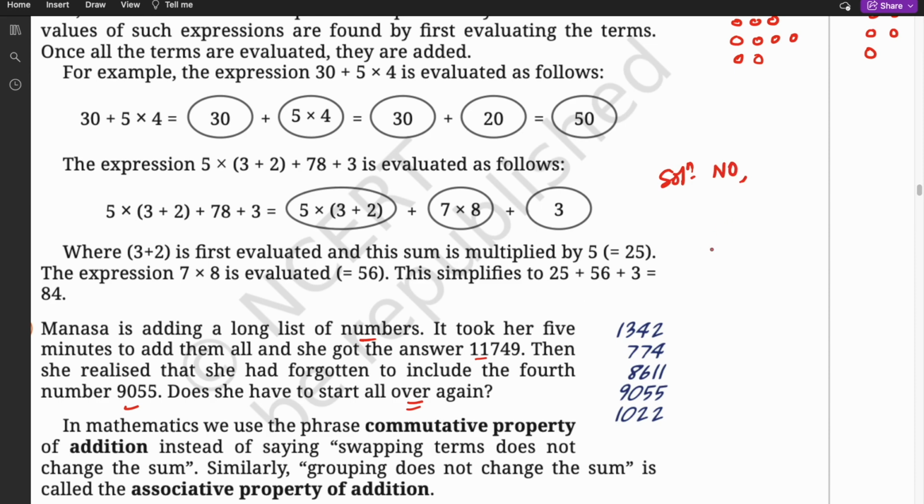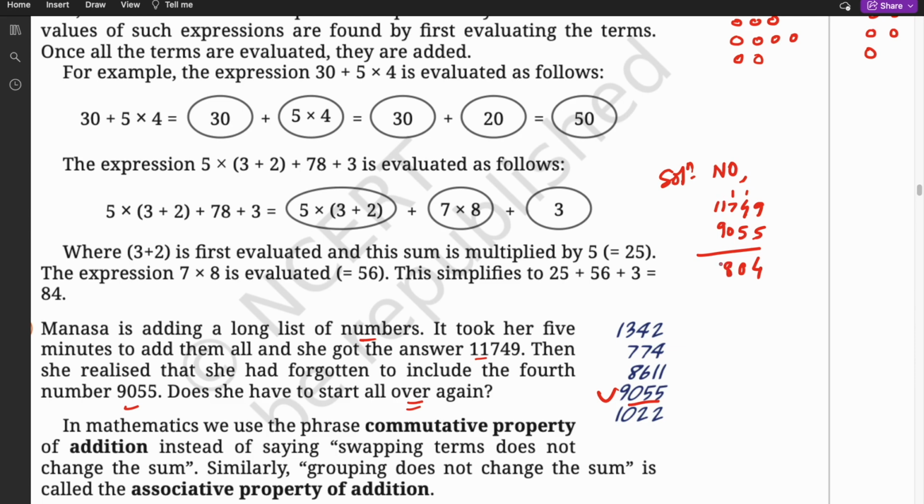Now she has to add only the fourth term that is left, that is 9,055, to the sum she got. The sum she has got is 11,749. So the only term she has to add is 9,055. By adding: 9 plus 5 is 14, carry 1; 1 plus 4 is 5; 5 plus 5 is 10, carry 1; 1 plus 7 is 8, plus 0 is 8.